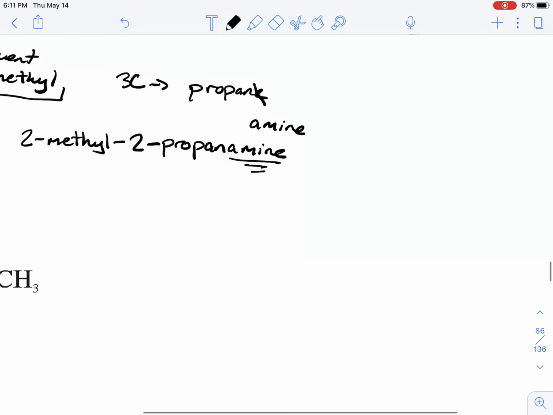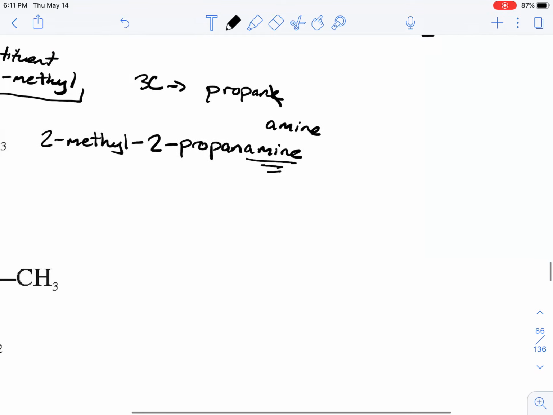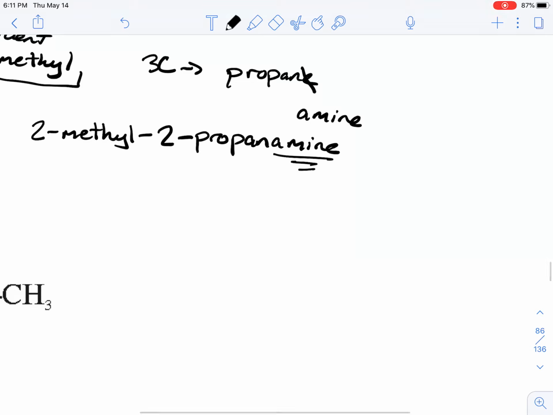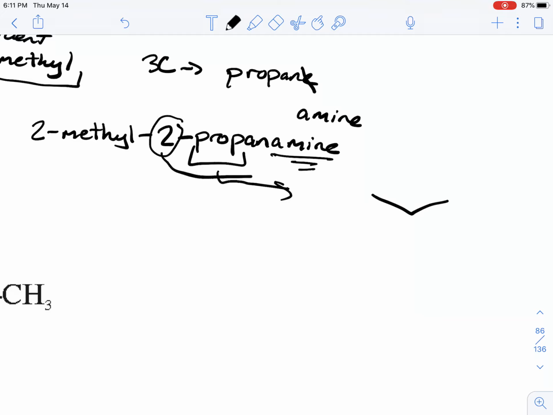And so if you guys were to draw this out, I'm going to search for my parent chain. So here I see prop, so automatically I think of a 3-carbon compound. And since I have an amine on the second carbon, I'm going to put NH2 here. And since I have a 2-methyl, a methyl on the second carbon, I'm going to put another line going up.